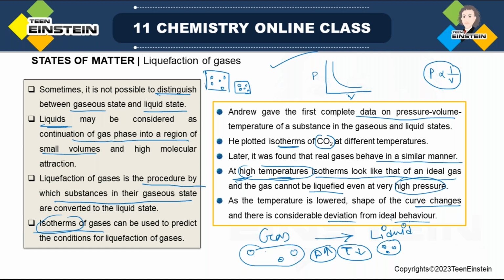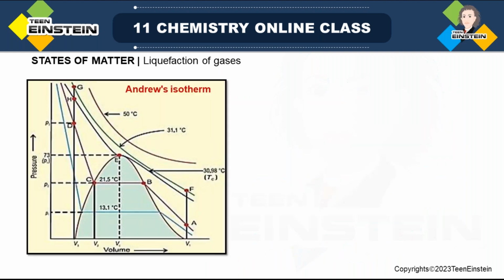The particular temperature that I am saying several times is basically known as the critical temperature, though we will gradually move to that point. But remember, this is a particular temperature for each gas above which liquefaction is not possible, because above this point the gas will behave ideally, but below this temperature liquefaction is possible, because now the gas is not behaving ideally. So these are the isotherms from the experiment done by Andrews.